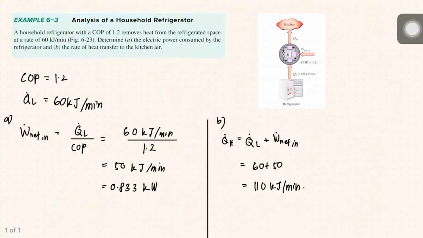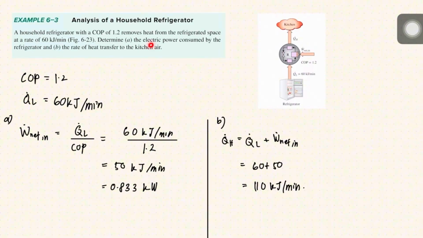Okay, so now let's move to the question about the refrigerator. In this question, it asks us to determine the electric power consumed by the refrigerator and the rate of heat transfer to the kitchen air. The COP and Q dot L are given, which are 1.2 and 60 kilojoule per minute.